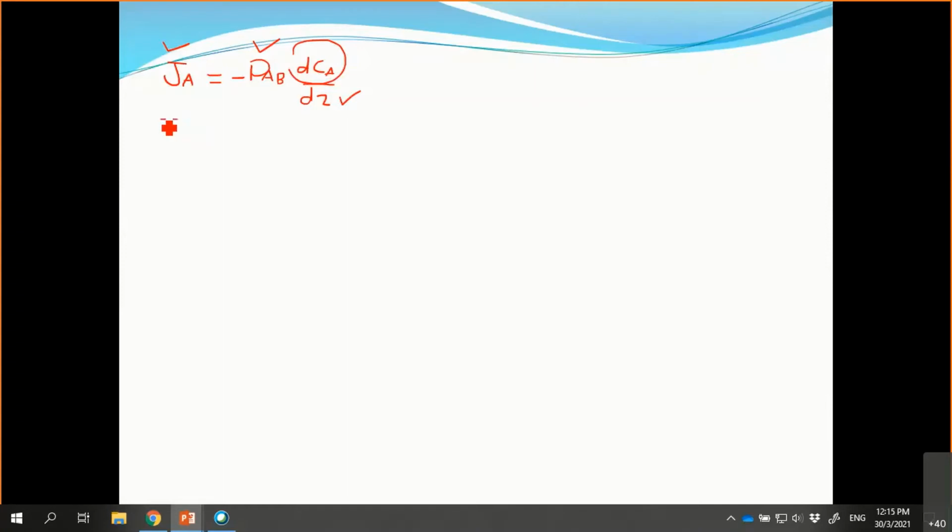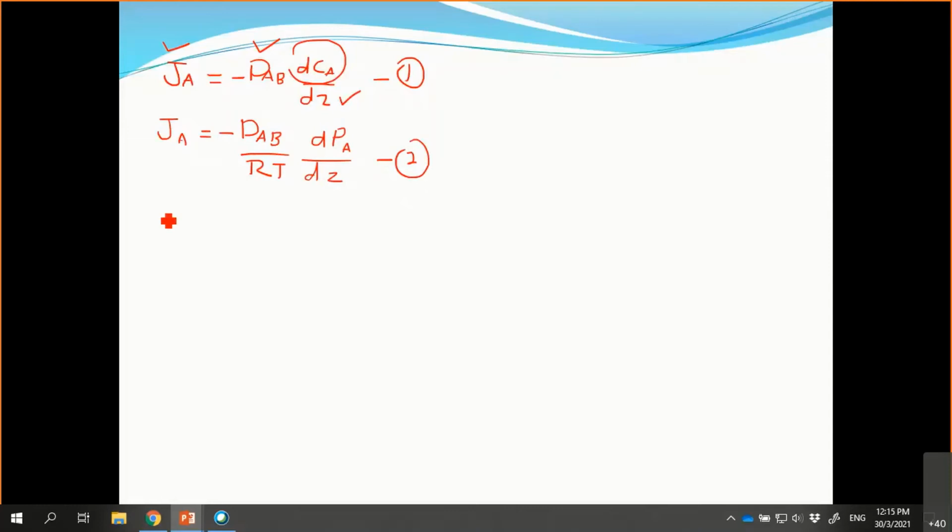The second option is that I can just convert this equation and write it in terms of partial pressure: DAB over RT times dPA over dZ, right? So this is my second option. This is first option, this is second option.